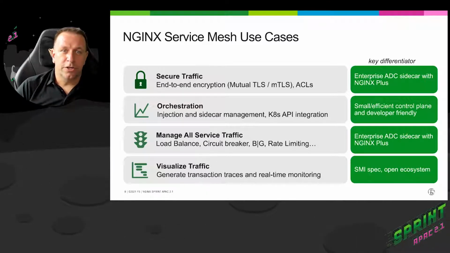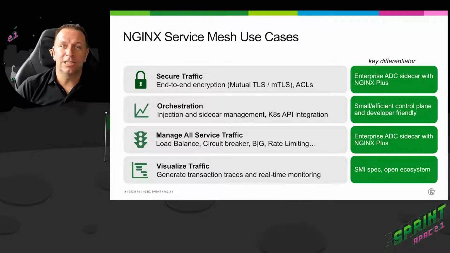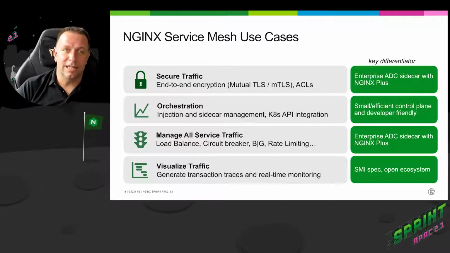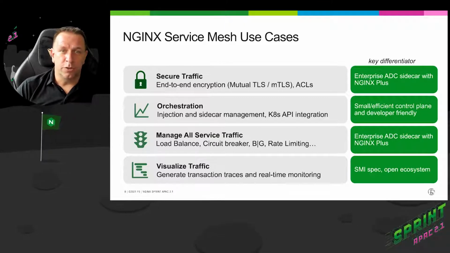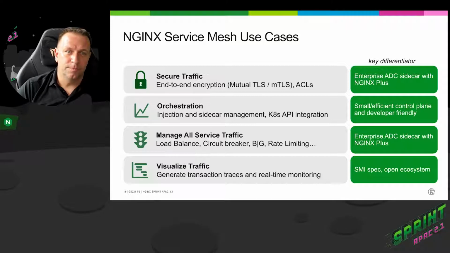You can also understand your load balancing algorithms and really have an enterprise-grade application delivery controller within your Kubernetes cluster. NGINX being a well-proven solution, not only in the containerized, but application delivery space as well.